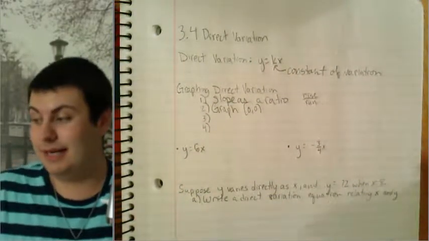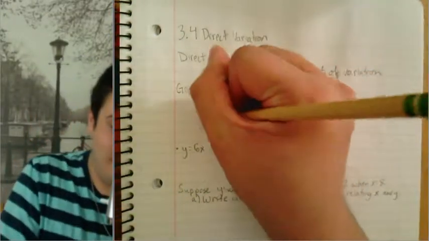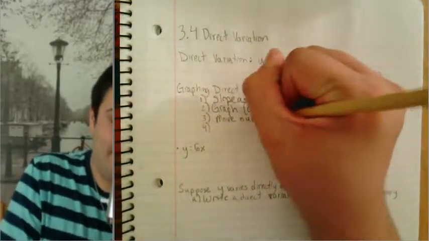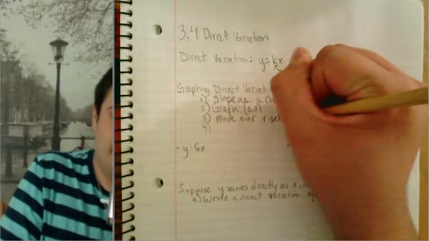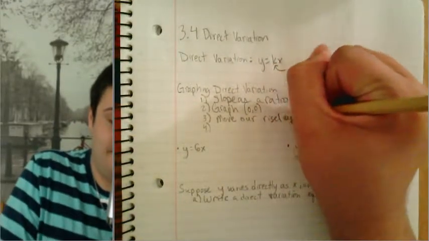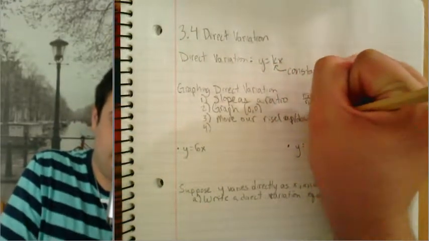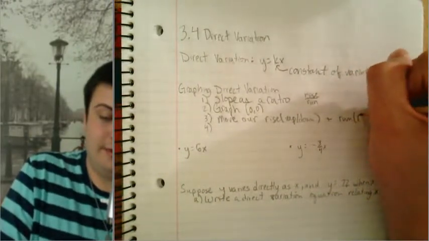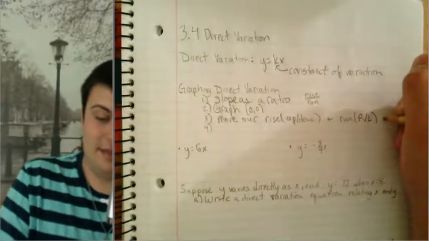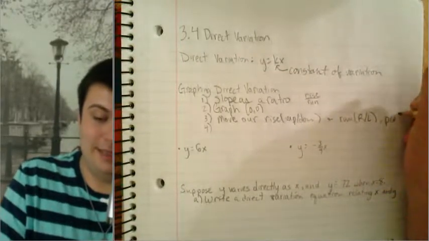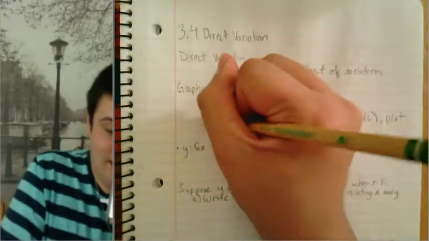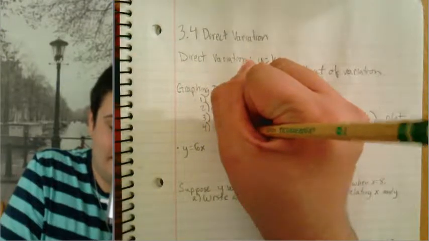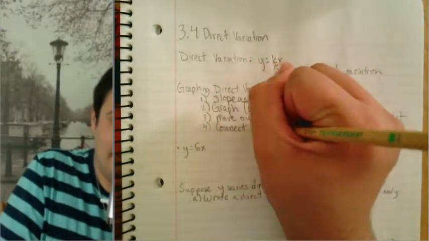Then, once we are at the origin, from that point, we're going to move our rise, either up or down, and our run, either right or left, and plot the point that's there. And then we connect the dots.